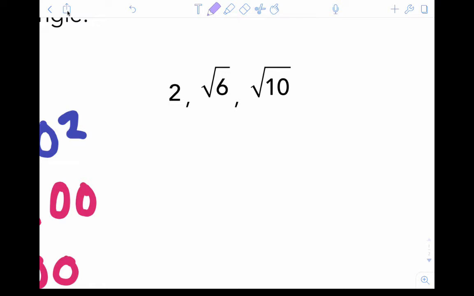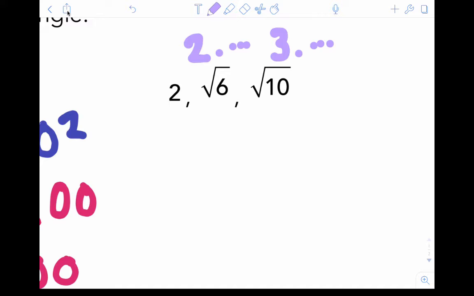Looking at these and estimating, square root of 6 is going to be 2 point something, because it's between square root of 4, which is 2, and square root of 9, which is 3. Square root of 10 is going to be 3 point something, because it's between square root of 9, which is 3, and square root of 16, which is 4.